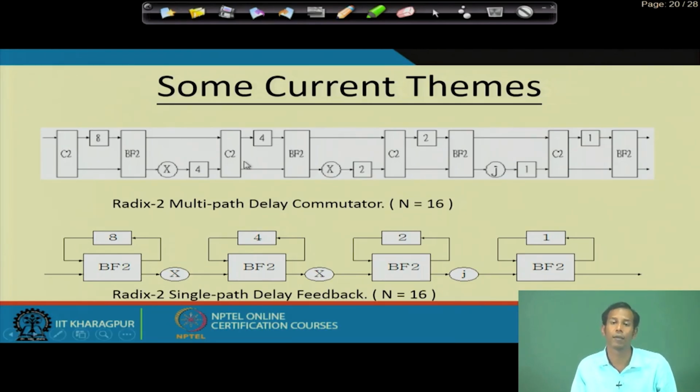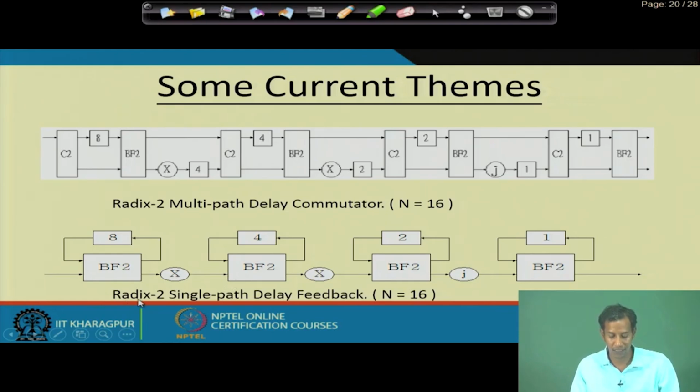At that time we follow this architecture, where if it takes more area it is no problem, but speed is my major concern. So we use the parallel implementation along with the pipeline version.